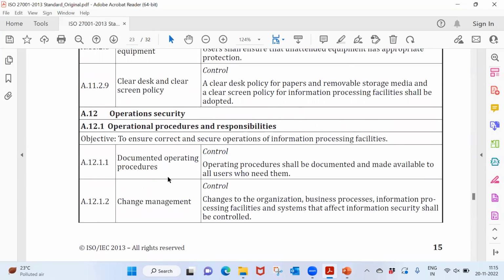Yeah, visible. Operational security, A.12.1.2, change management: changes to organization, business processes, information processing facilities, and systems that affect information security shall be controlled.